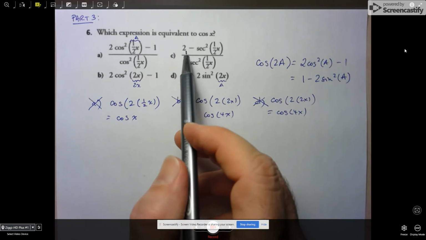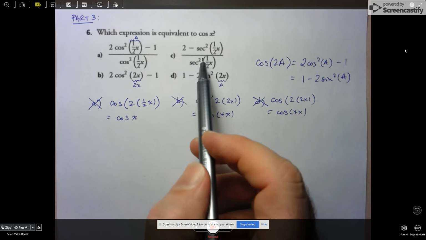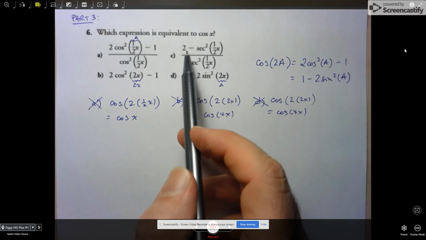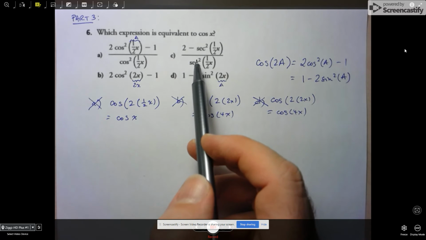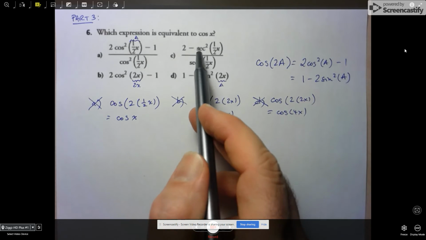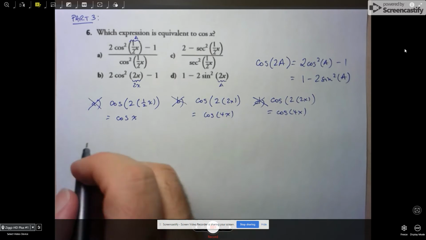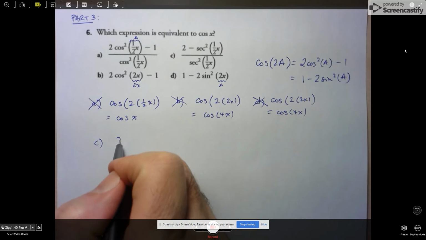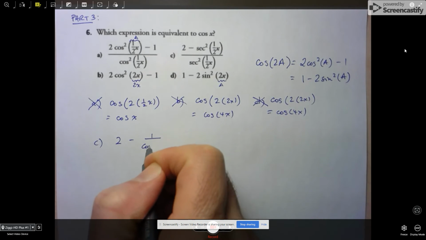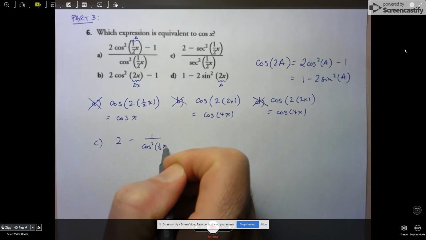Now here, this might look a little like the cosine double angle formula in some ways, but I think the best thing to do is, since we don't have any direct identities involving secant, let's take this secant and turn them into cosines. If I take a look at C, I have 2 minus, and I'll turn this into 1 over cos squared of 1/2 x.